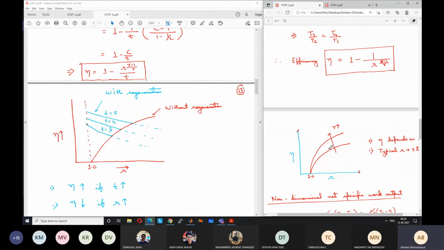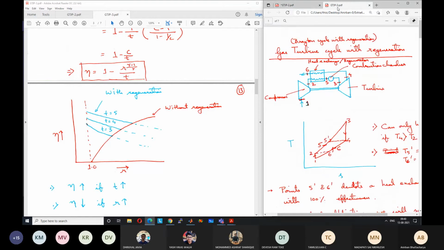What is happening which is causing the efficiency to decrease with increasing value of R? The amount of fuel is going to increase. Can you tell in a better way? Heat addition during the combustion increases with increase in ratio. Why does it increase?